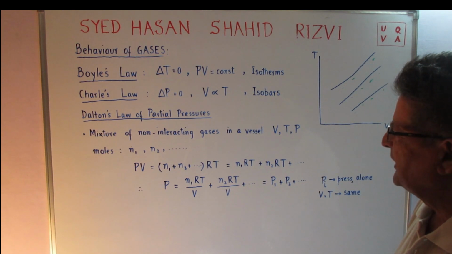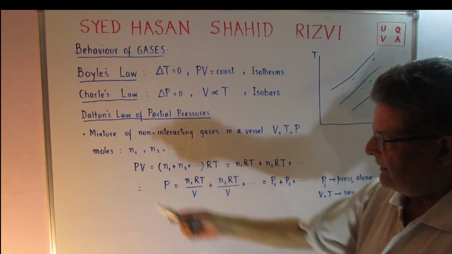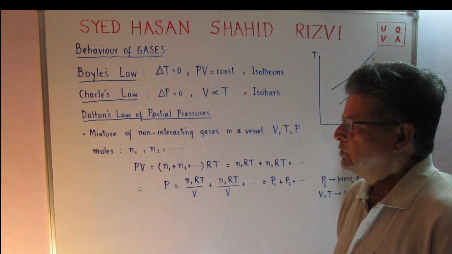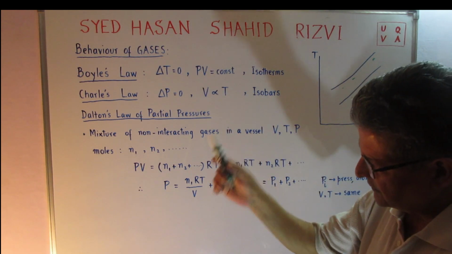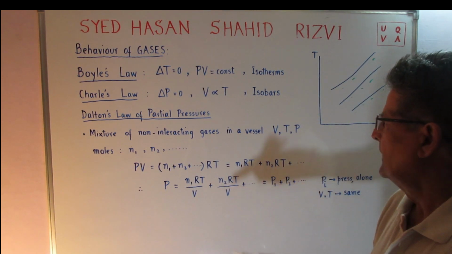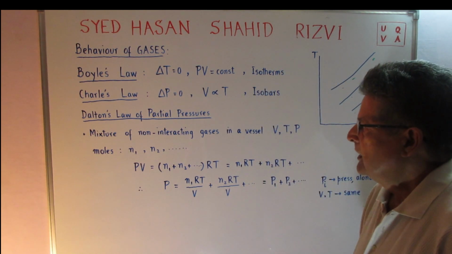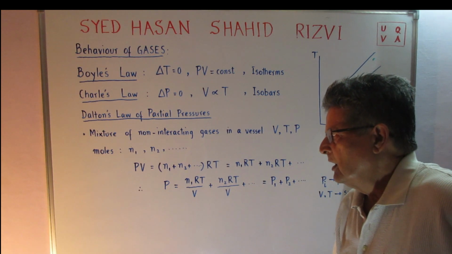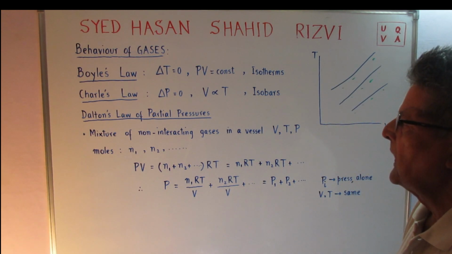I don't have the ability to draw these graphs to scale, and therefore I'm asking you to look at the real display of the isobars and isotherms and the behavior with the ideal gas that is there.